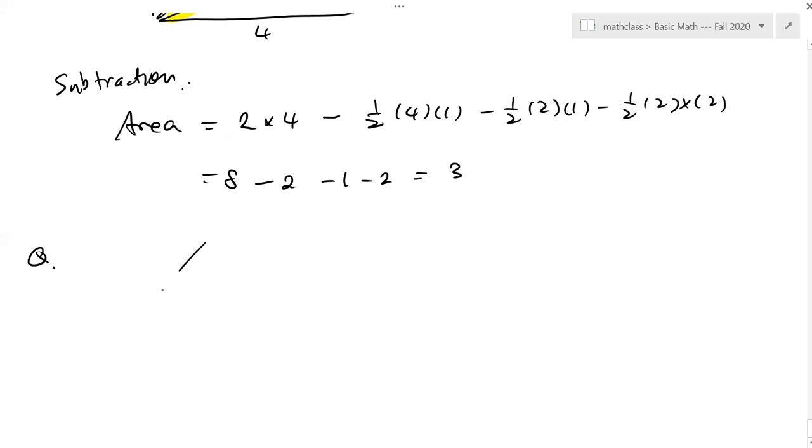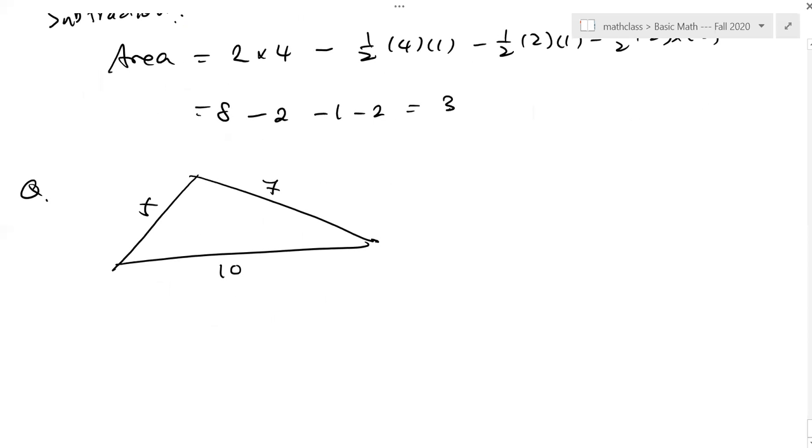Okay, so here's another one. Here's 5, 7, and 10. I want to draw the height h.